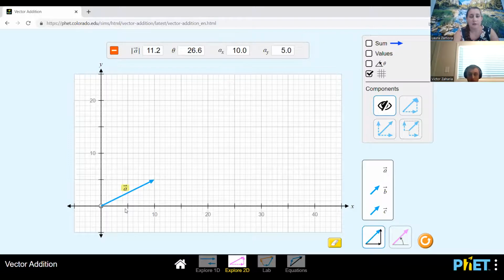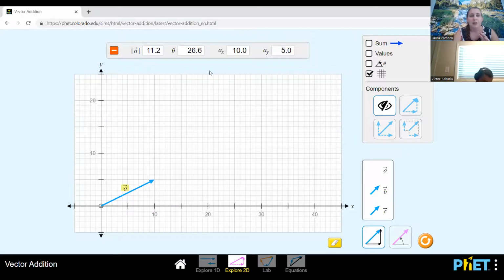It's at an angle of 26.6 degrees. And we can see, based on where the tip of the arrow lands, that it is going 10 boxes in the x direction. So its x component is 10. And it's going up 5 boxes in the y direction. So its y component is 5.